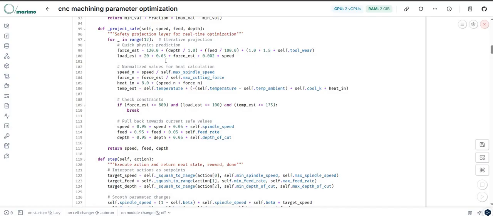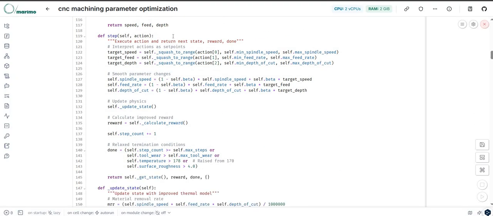If the estimated force is above 800 newtons, or the load above 100%, or the temperature above 175 degrees, the function adjusts the values back toward safer regions. It repeats this check up to 12 times until the parameters are acceptable. This way, even if the policy suggests something risky, the projection pulls it back to the safe levels before applying it.